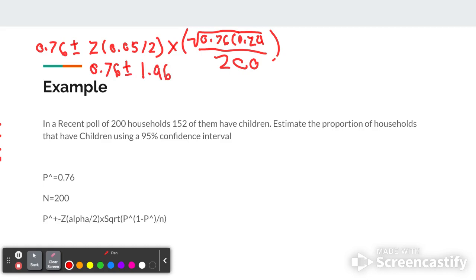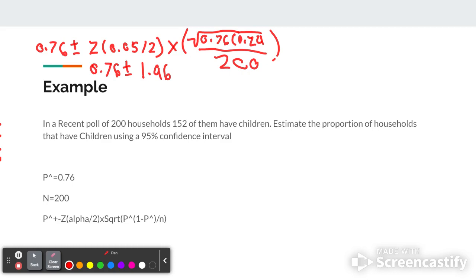And so for this second part, you're going to need to break out your calculator probably. I don't know many people that can do that in their head. You're going to want to do the square root of 0.76 times 0.24 divided by 200, and make sure that's all inside the square root symbol.